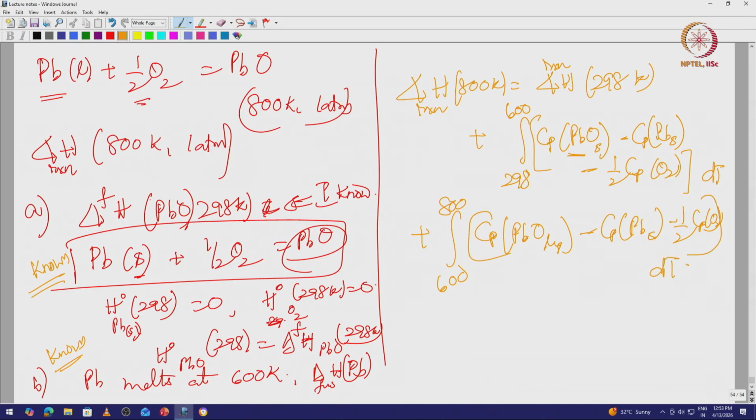And these Cp's can be read off from tables, so getting Cp's is an easy job.